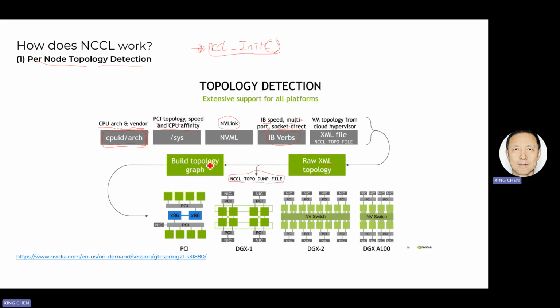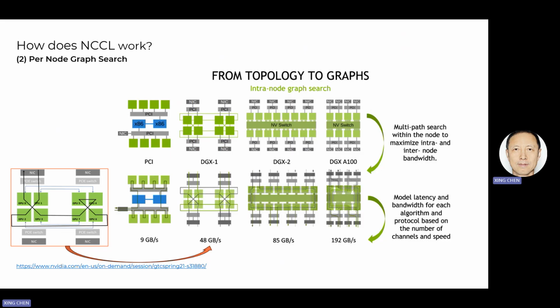Okay, so you have got the information, and then what it needs to do is build up this graph. The next step after the detection has been done is the graph search.